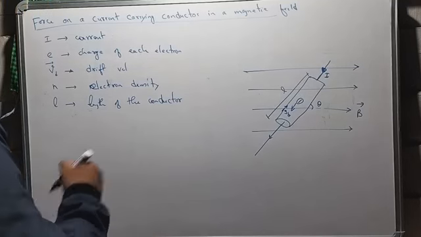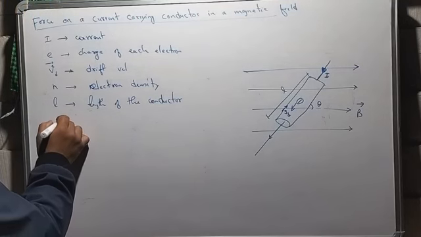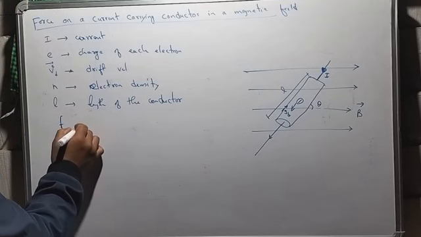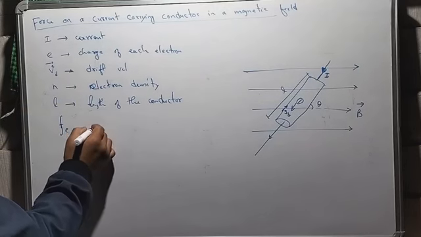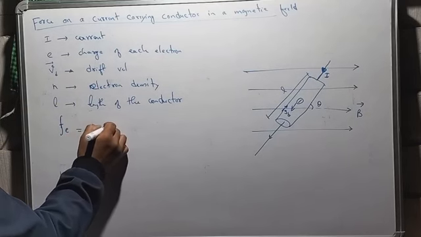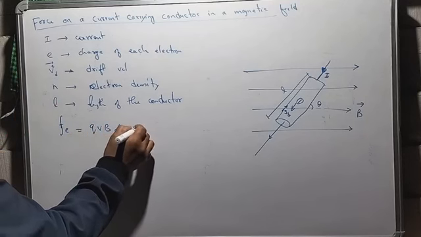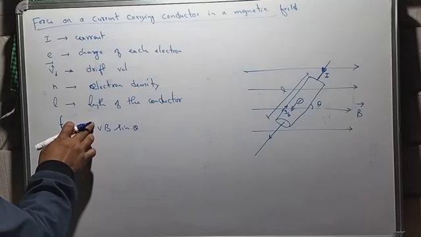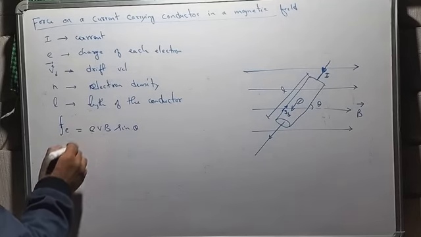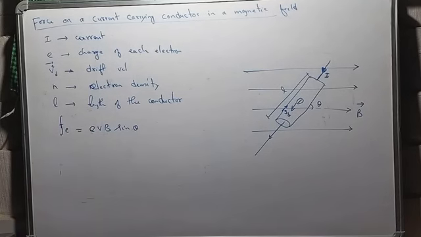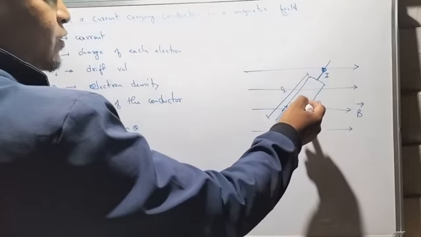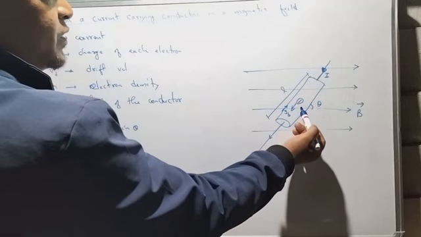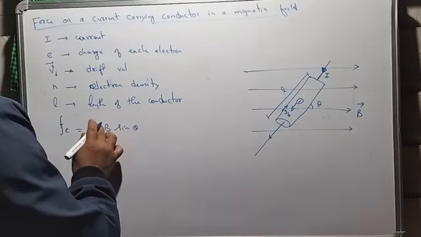Therefore the magnetic force experienced by each electron obeys F = qvB sin theta. But instead of q the charge is e, and instead of v the velocity of the electrons is Vd.